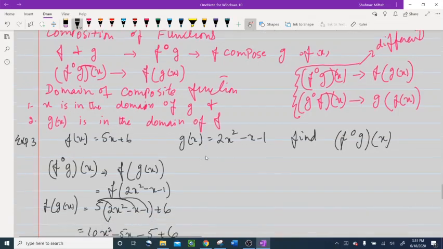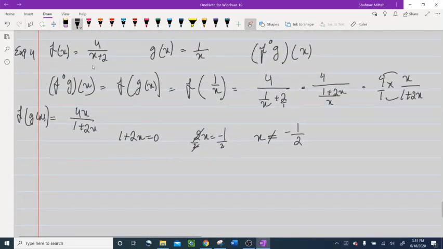g of x is in the domain of f. So that's f. The f domain excludes negative 2, right? And g of x domain excludes 0. So we are okay so far. So let's find out how to write the domain of the composite function.